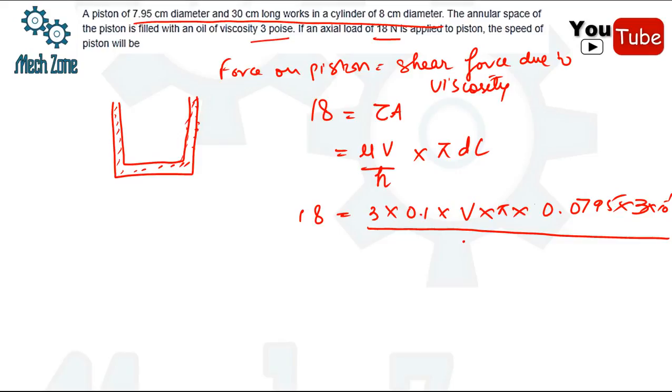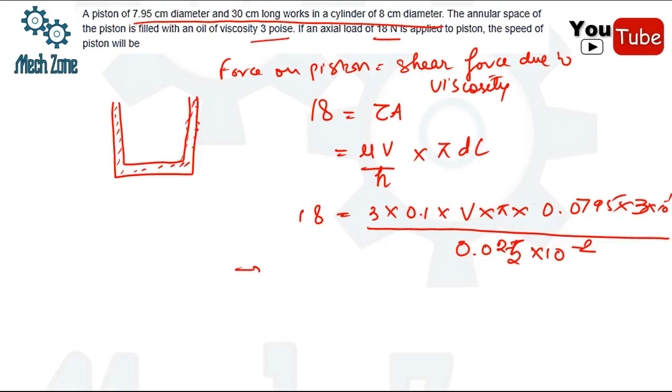And h is actually the gap, which we can easily calculate by 8 minus 7.95, so it would be 0.025 into 10 to the power minus 2.